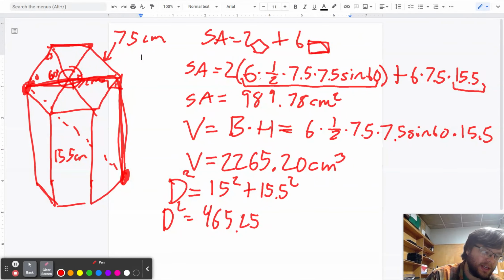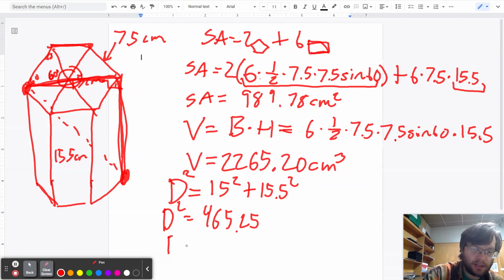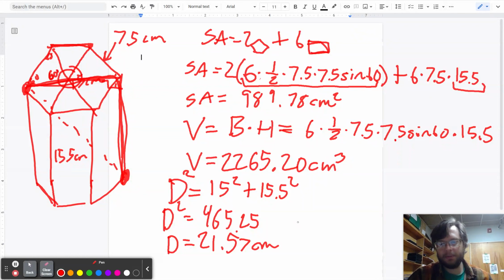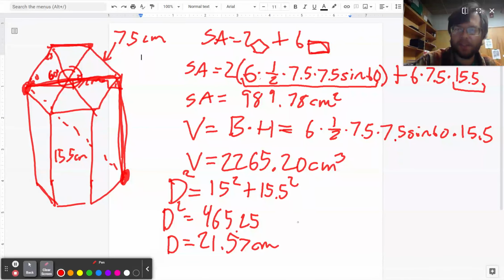Take the square root of that, and I get that the diagonal is about 21.57 centimeters.